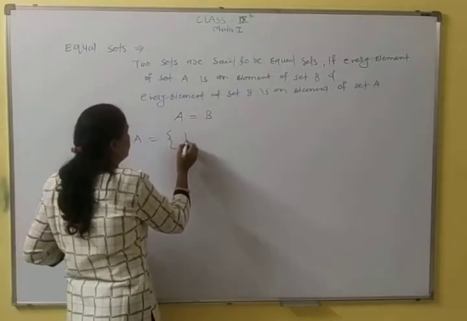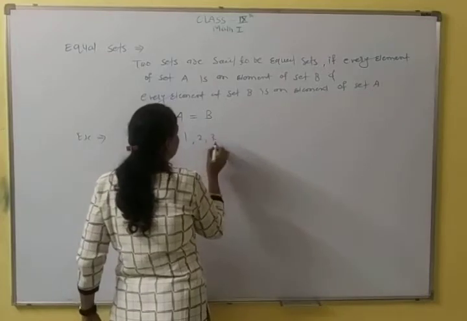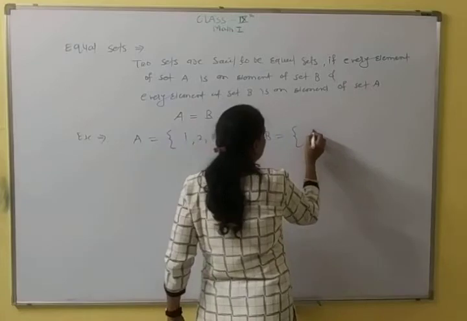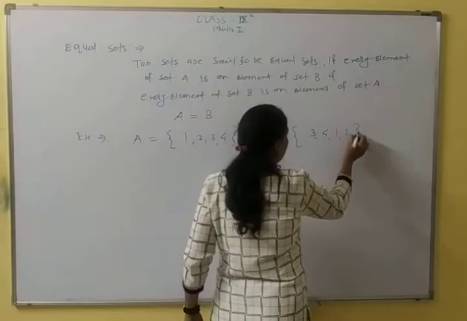For example, A equal to {1, 2, 3, 4} numbers and set B equal to {3, 4, 1, 2}.